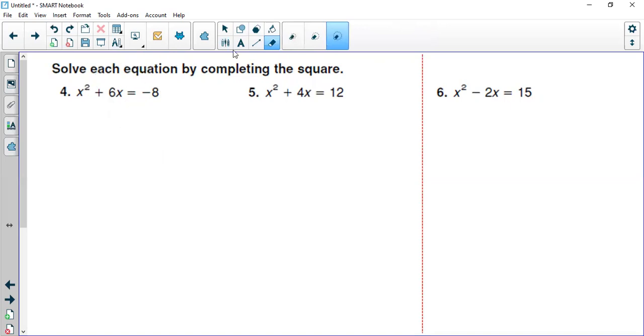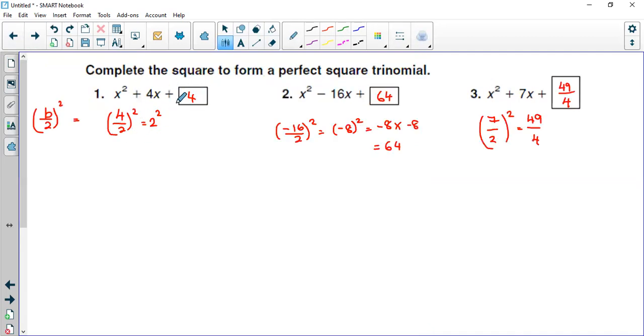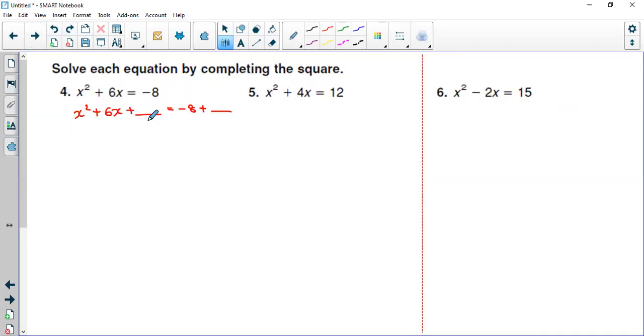So to get started, first we need to complete the square, which means this equation is in this form now: x squared plus 6x plus some number equals negative 8 plus some number. We are going to add the same number to the other side of the equation as well. So first, just like how we completed this part, we are going to complete this number now. So what's the first step you're going to do?